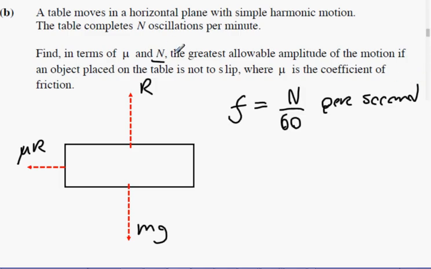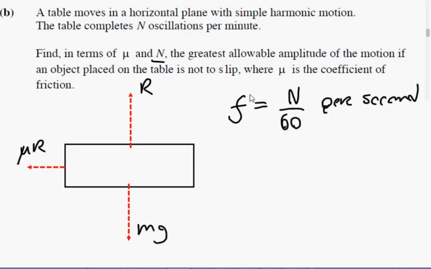So you divide whatever n is by 60. Sorry, I mixed this up.